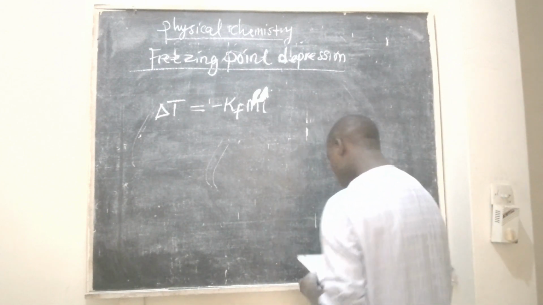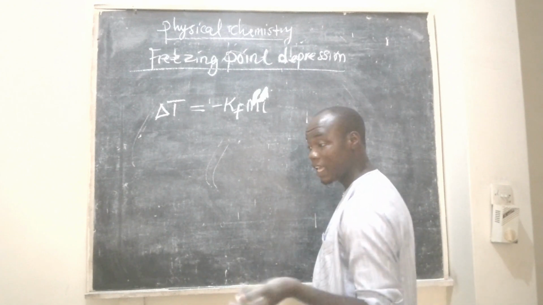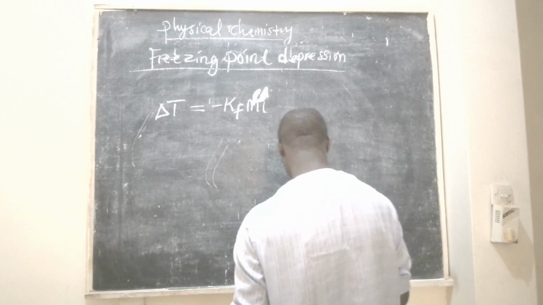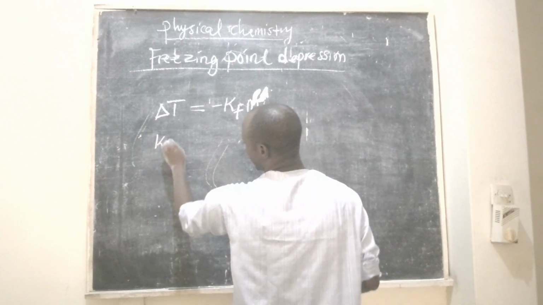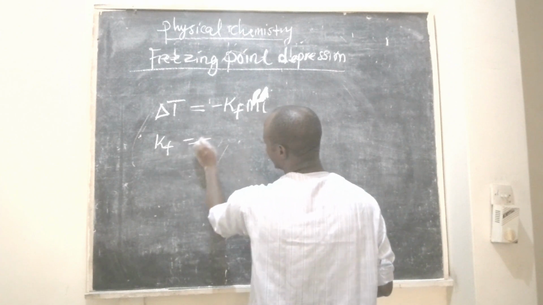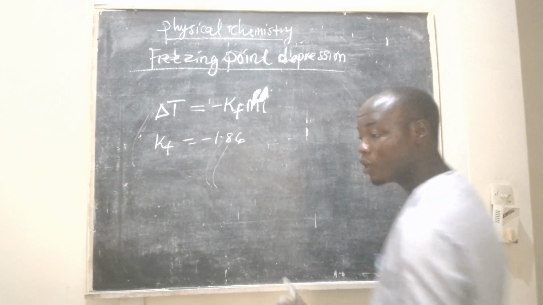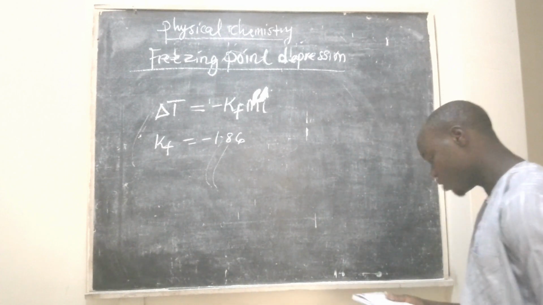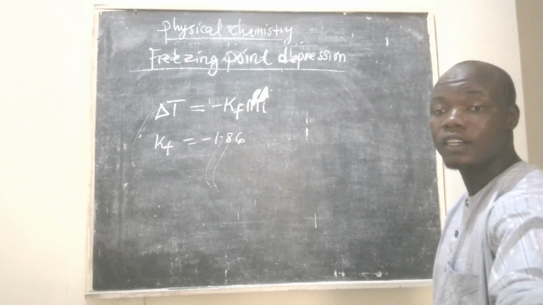Now, for example, the Kf of water is equal to minus 1.86. But remember, in the normal sense, the freezing point of water is 0 degrees centigrade.